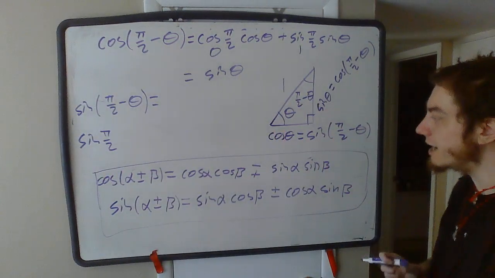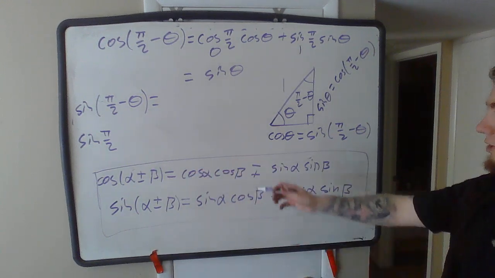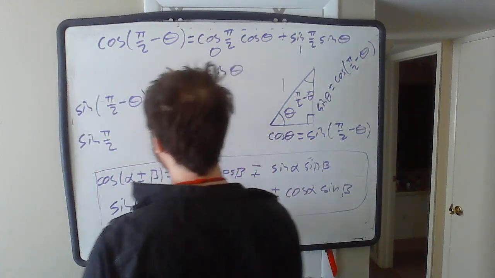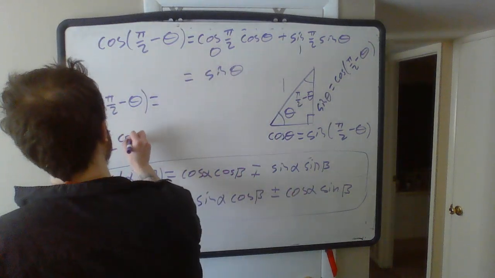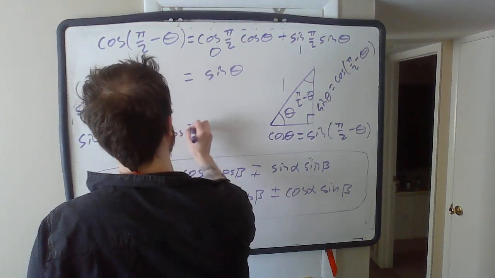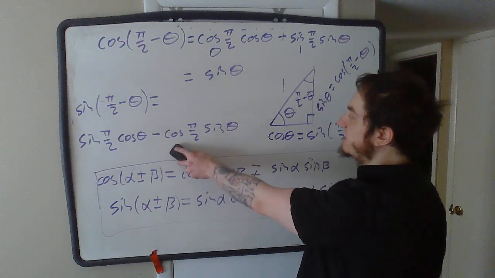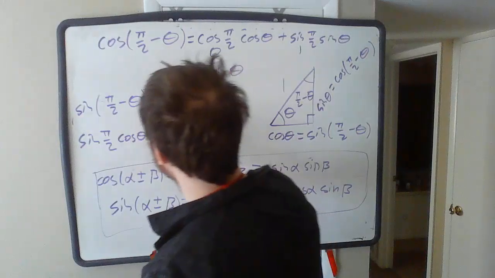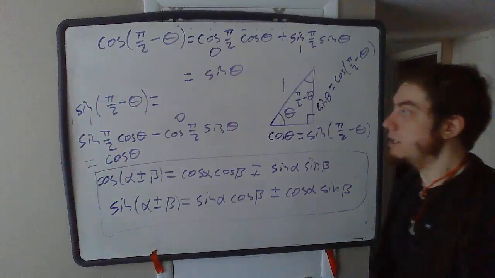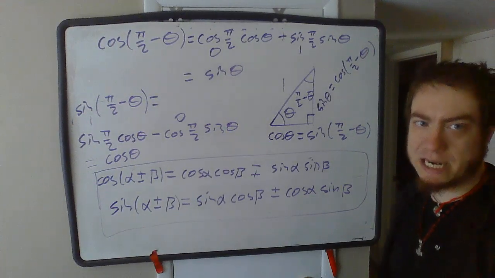It's because my eye was drawn to this top line here instead of the bottom line, and I just started writing without thinking. So this becomes sine of pi over 2 times cosine of theta, and then we're going to have minus cosine pi over 2 sine theta. But once again, this is 0, so this term goes away, and this is just 1, so we are left with cosine theta. So these two identities are actually good identities to remember in general.